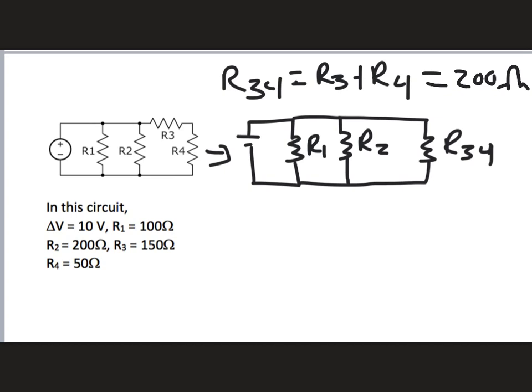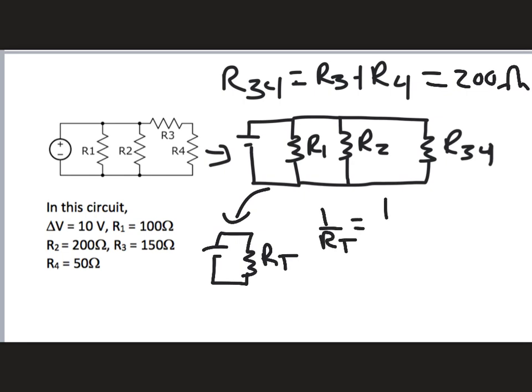And so I can do this combination all at once. If I combine all three of these resistors into one complete circuit, I know that 1 over RT, because these are in parallel, is going to be 1 over R1 plus 1 over R2 plus 1 over R34.